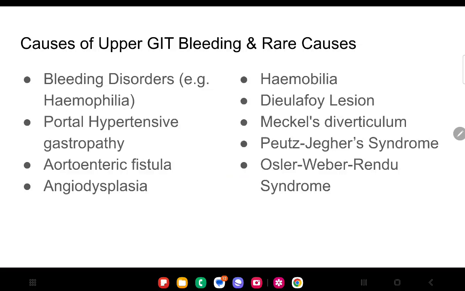Aortoenteric fistula, as we have said, angiodysplasia, hemophilia, and hemobilia, that means bleeding in the biliary tract, which goes into the duodenum and presents as upper GIT bleeding. Meckel's diverticulum, we mentioned, is important in children. Peutz-Jeghers syndrome, and other rarer syndromes like Osler-Weber-Rendu syndrome.